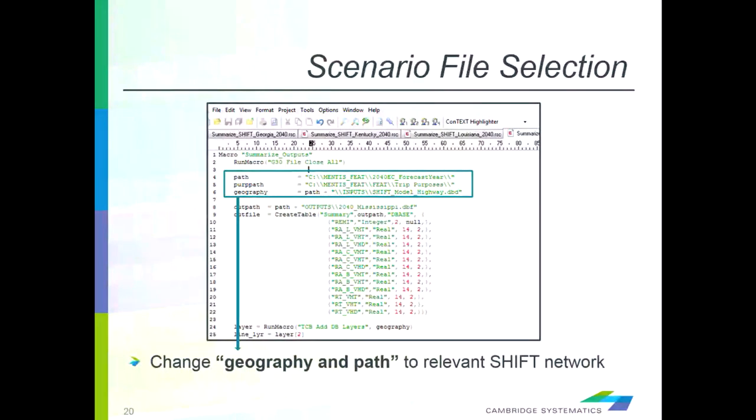The highlighted area shown in the box is just the path for the various model input files. And if you decide to run a different scenario and name your file differently, then you would necessarily have to change the file name to match what you use for that particular scenario.